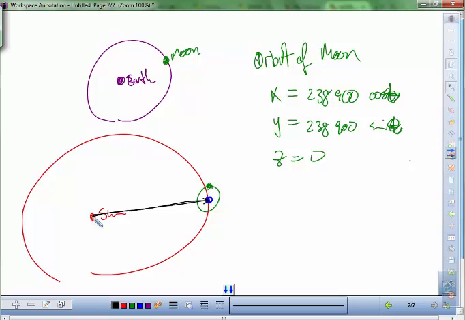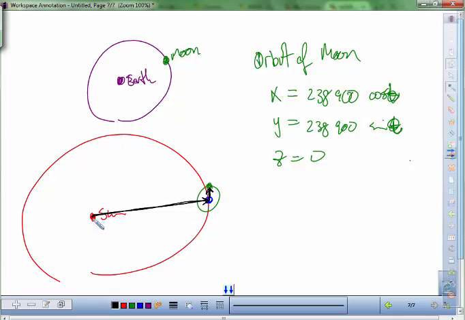So we have one vector-valued function that describes the sun as the origin and the Earth as a particle moving around. And then we have another vector-valued function that describes the Earth as the origin and then the moon moving around it.